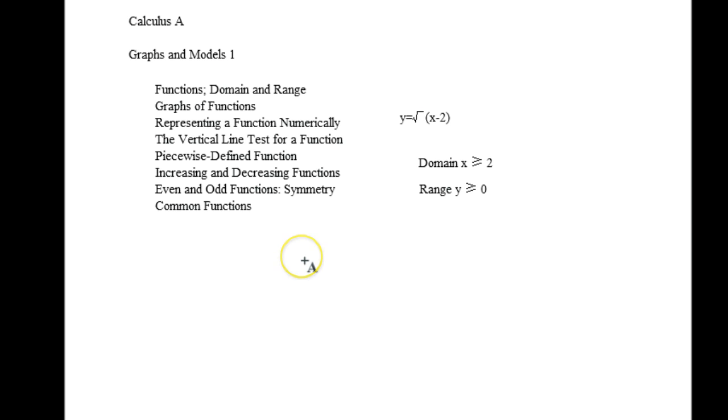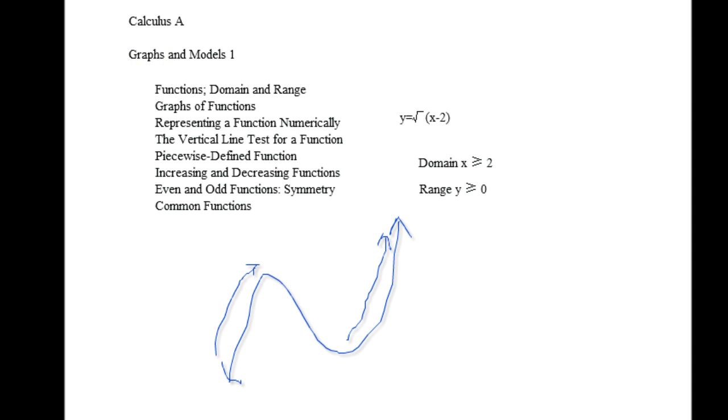Increasing and decreasing functions: you need to be able to look at a graph and tell me where it's increasing or decreasing. If I have a funky graph like this, you need to tell me the intervals where it's increasing, and where it's decreasing.